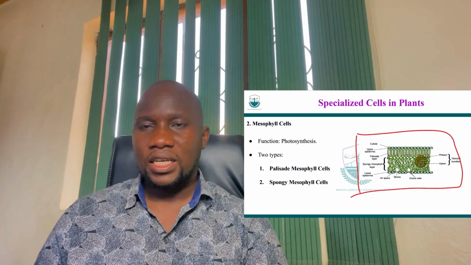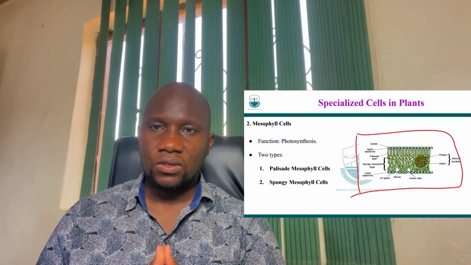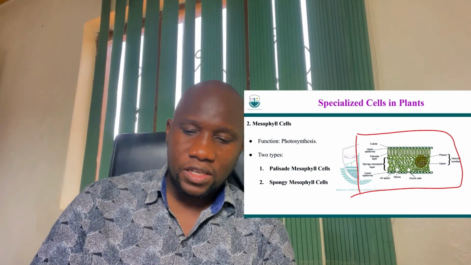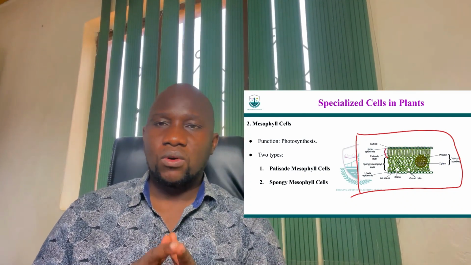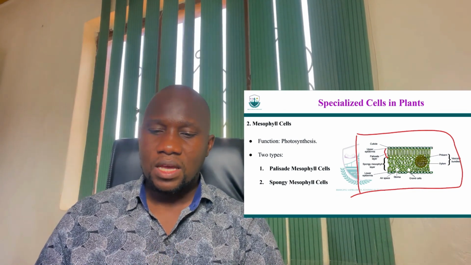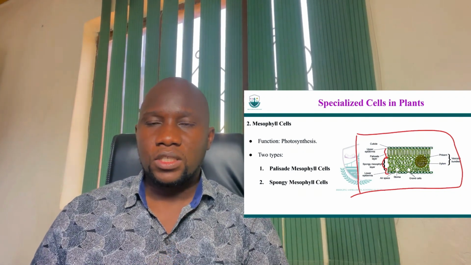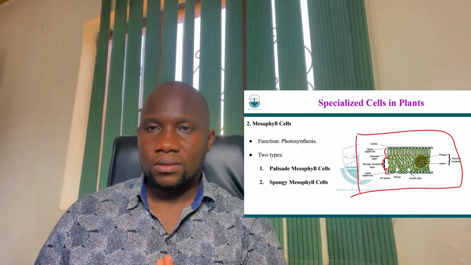Now, when you enter inside the leaf, you have the two types of mesophyll cells. This first layer here is what you call the palisade layer, which consists of the palisade mesophyll cells. And then the next layer here, those are the spongy mesophyll cells.